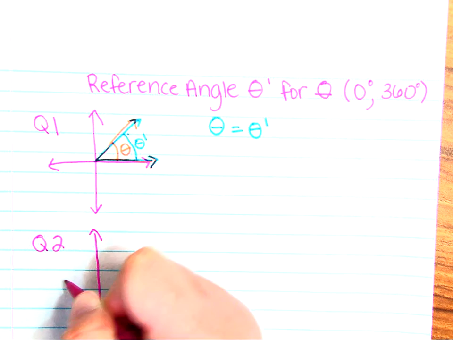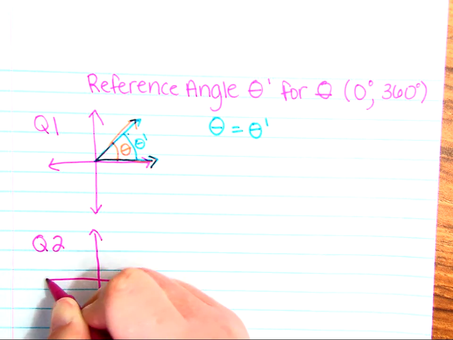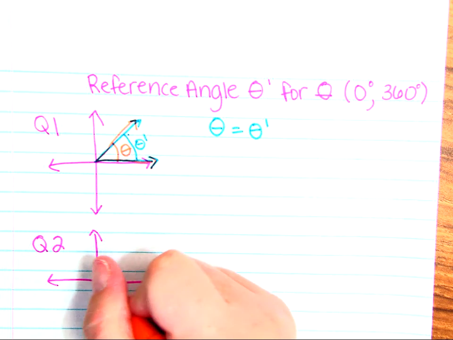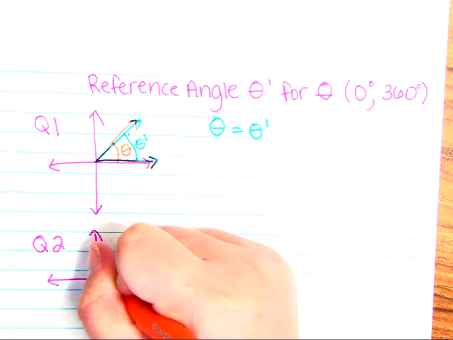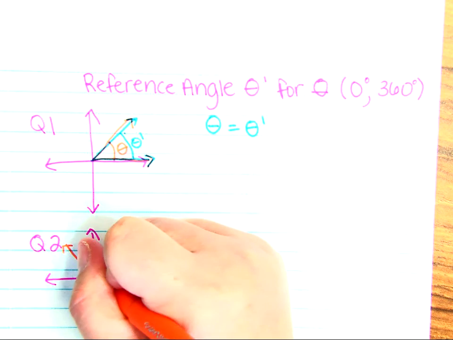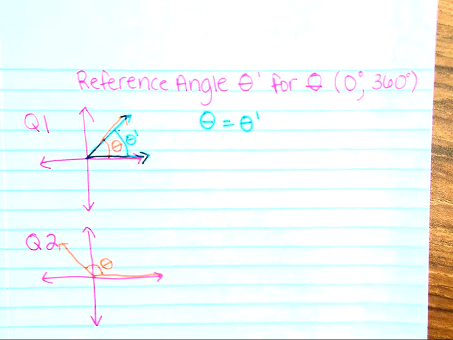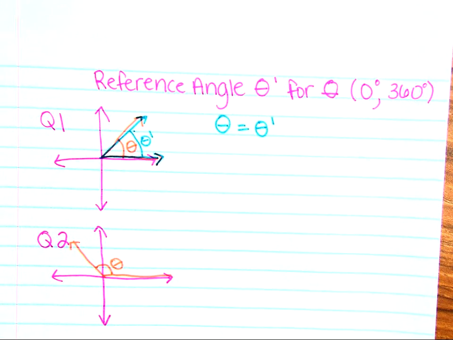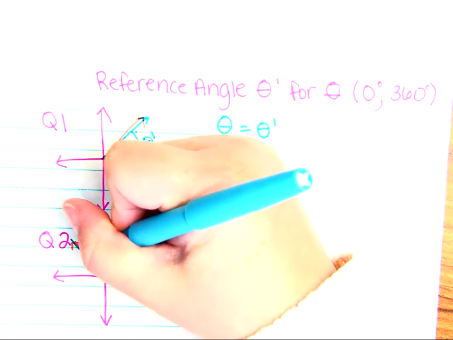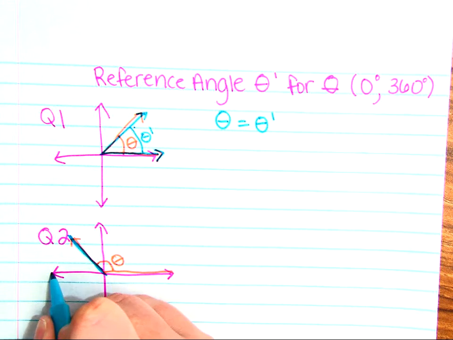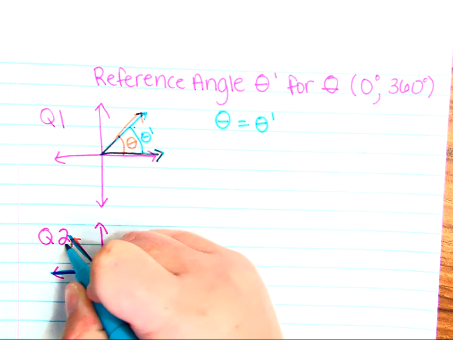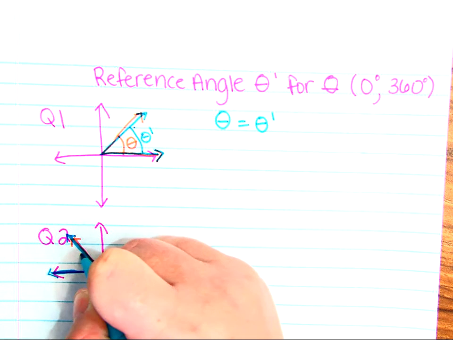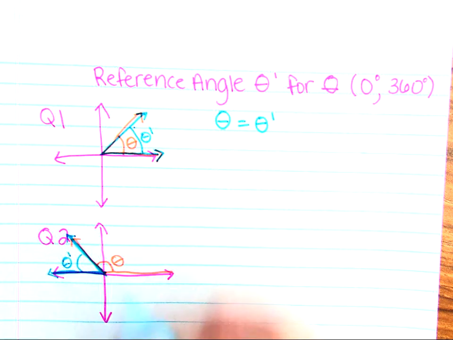Quadrant 2. What would be the rule for quadrant 2? So, here's my angle, and this would be any angle in quadrant 2. There's theta. Okay, remember, your reference angle is the terminal side, so that would be right here, and the x-axis, that would be here. So there is theta prime.